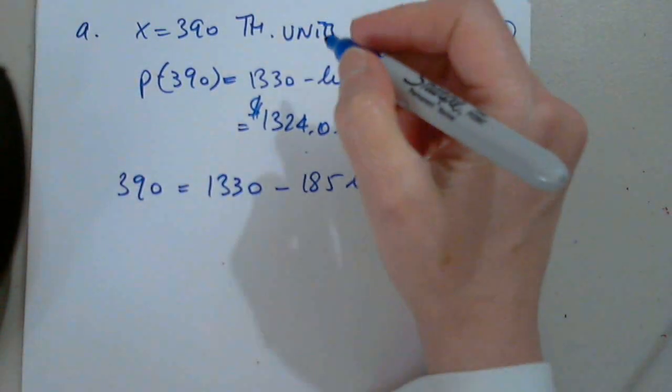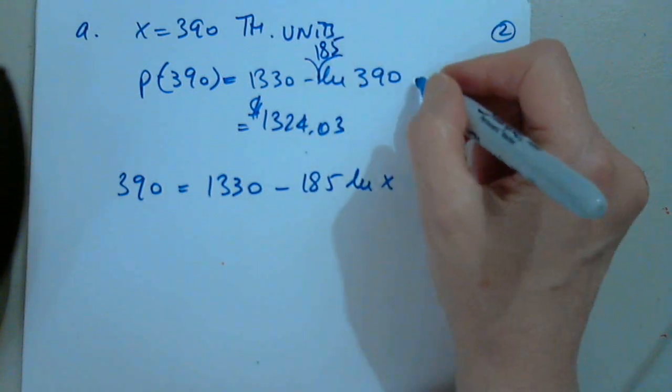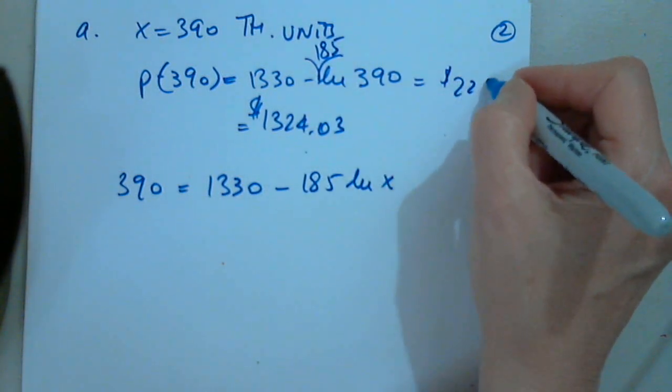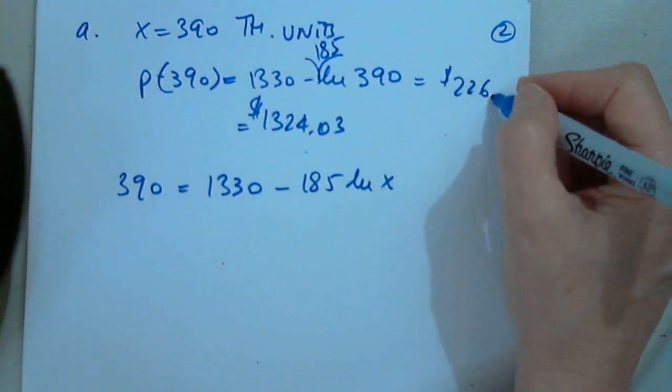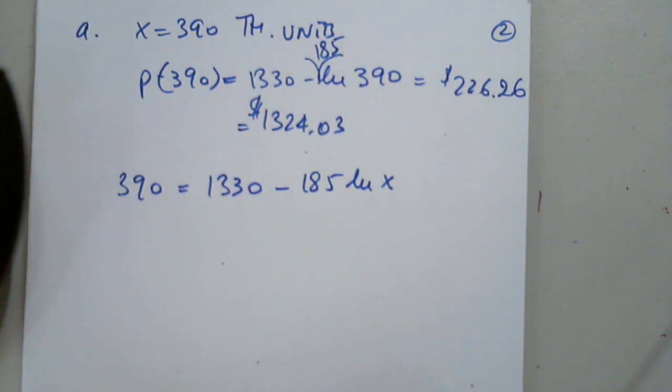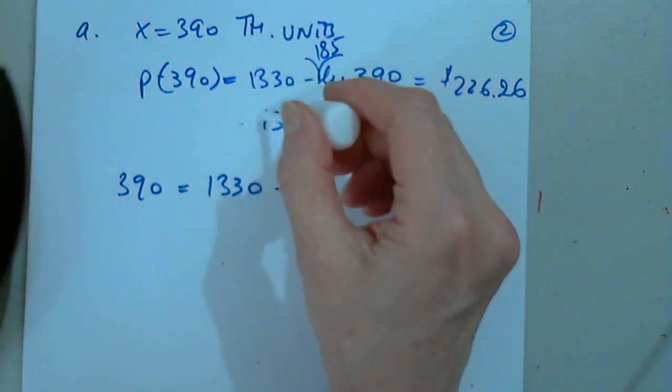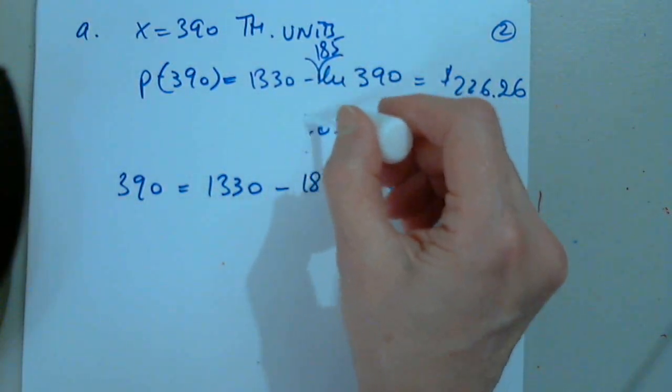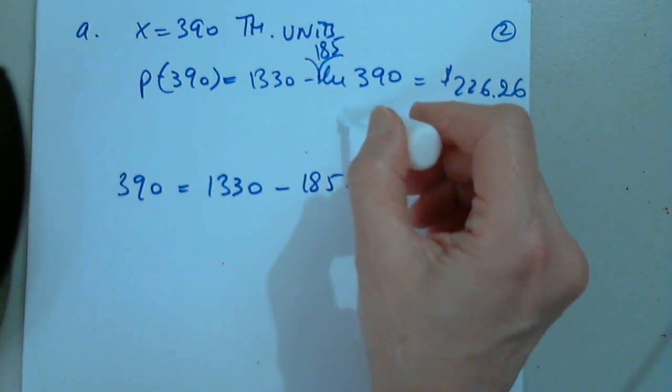So I have to enter this 185. So this was 226, it looked kind of steep. Okay, so please make the correction. I think that they kind of messed up a little bit there.